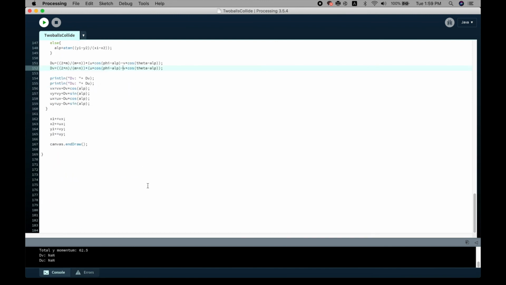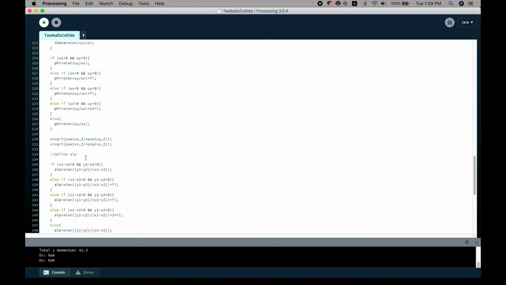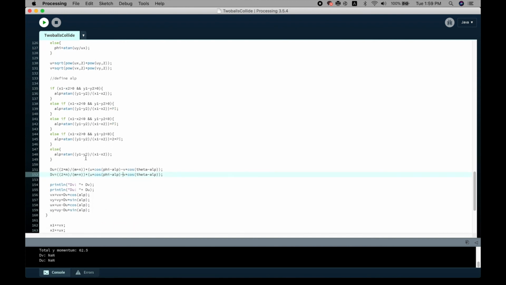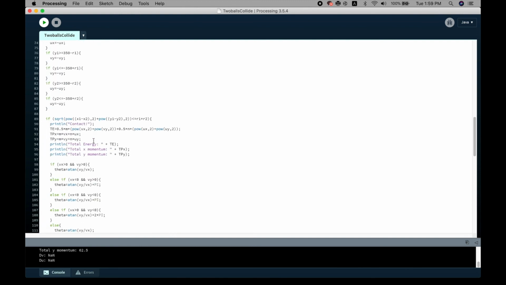Is there some kind of error in the code? So vx equals... what's going to be the error in my code?